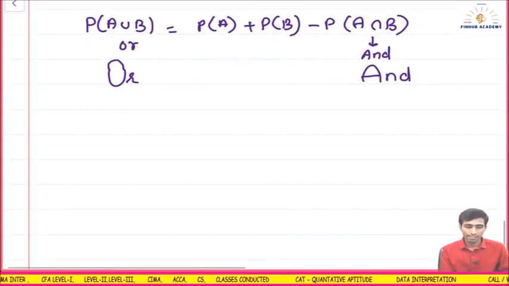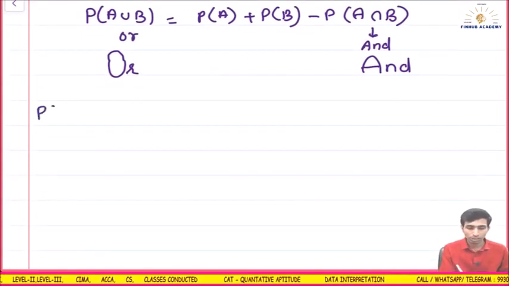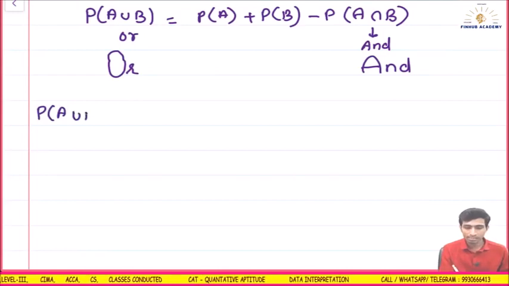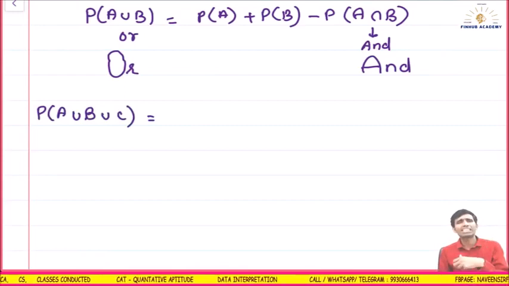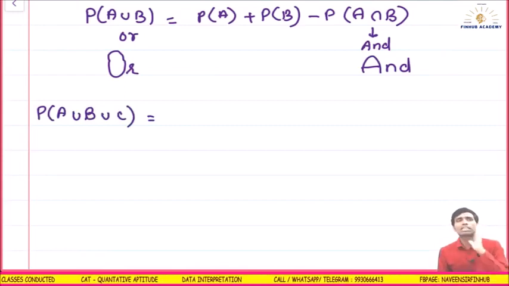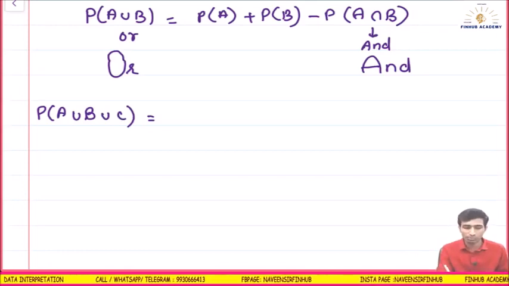Next, let's say probability of A union B union C, and the three things are mutually exclusive. Then probability of A plus probability of B plus probability of C, as simple as that. But if they are not mutually exclusive, then what will be the formula?